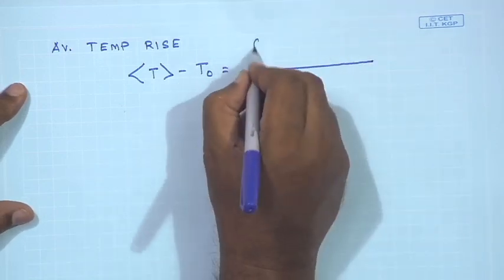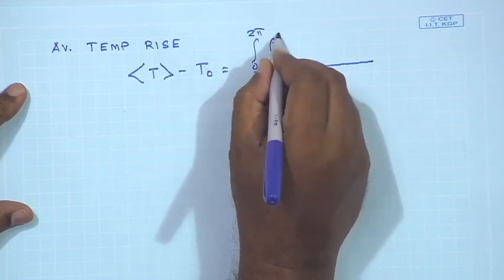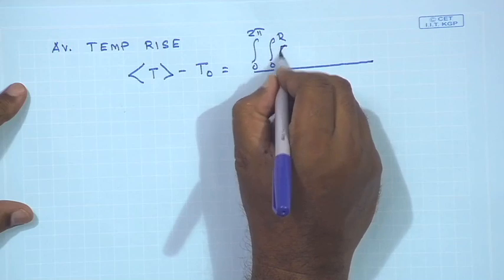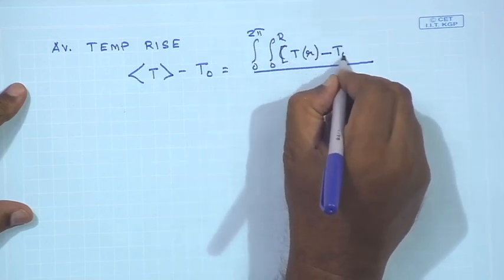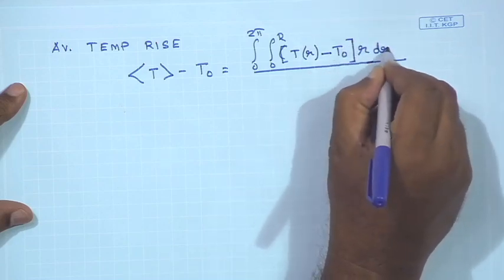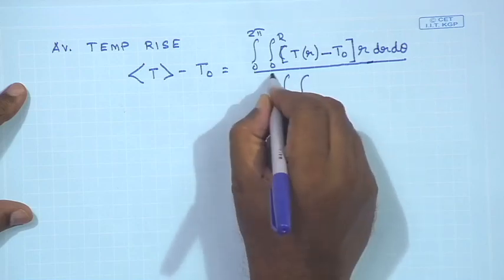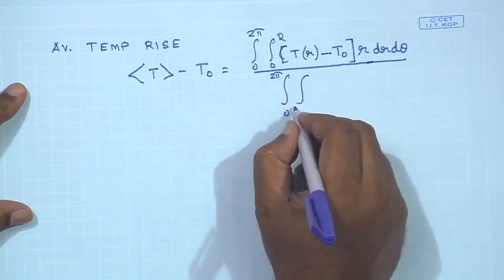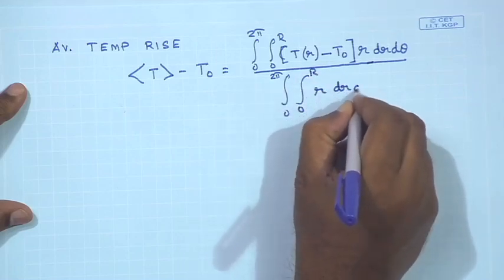So, what I have to do is find out the area average of T, which is a function of r, minus T0 times r dr d theta, and this must be equal to the cross sectional area, which is r dr d theta.